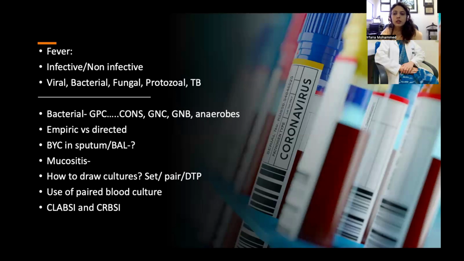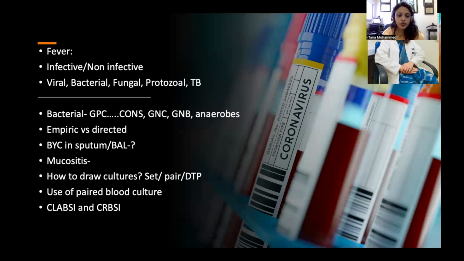And then paired blood cultures are also important, as we can see in my next slide, that the more blood cultures you take, the more the sensitivity. Paired blood cultures we have discussed, and then CLABSI and CRBSI. So what is the difference between CLABSI and CRBSI?